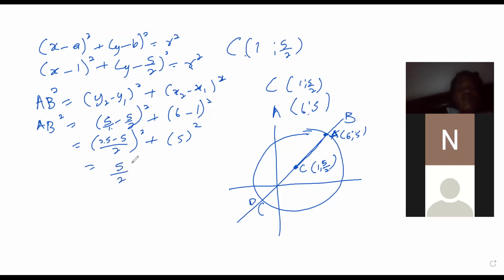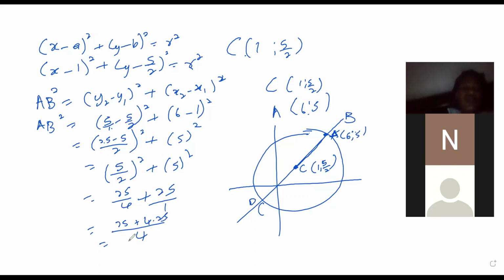So we have 5 over 2 squared plus 5 squared, which is 25 over 4 plus 25. Let's add this one: 4 times 25 is 100. So we've got 125 over 4.